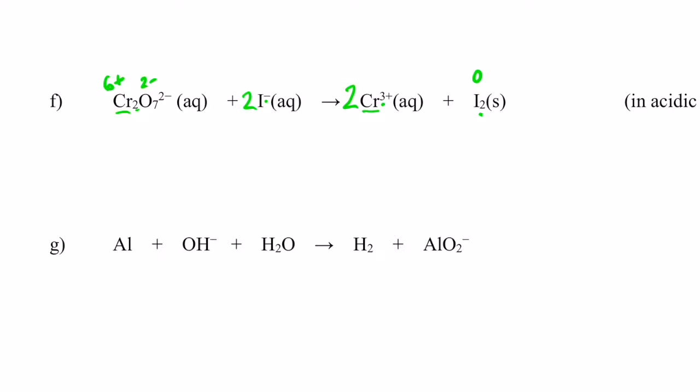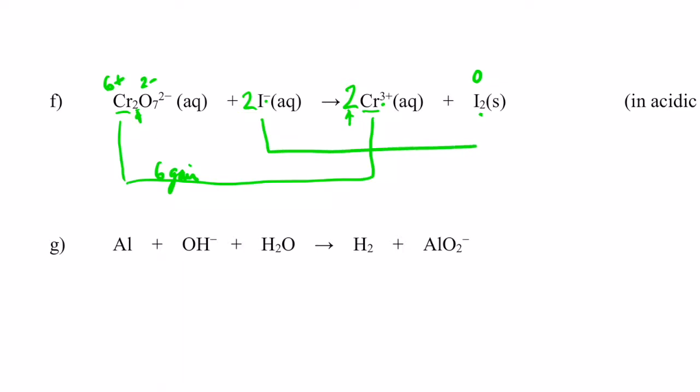Step 3, balance electrons gained with lost. So it looks like chromium goes from 6 plus to 3 plus. So each one gains 3. But aren't there 2 chromiums that do that? Right? So if each one of them gains 3, and there are 2 chromiums that do that, isn't that a total of 6 gained? Iodine goes from -1 to 0.